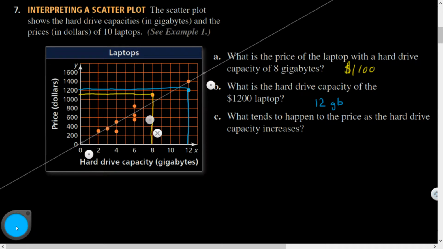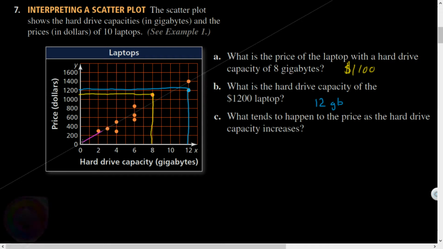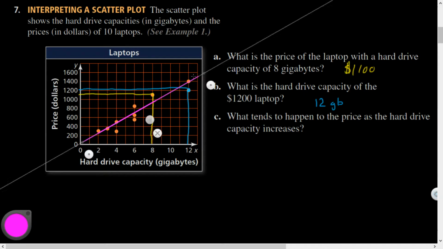It looks like I could try to draw a line here, and along that line, the price increases. Right? This was a positive slope. So price increases as hard drive capacity increases. As we go to the right with the x, the y values keep going up and up and up in general, okay?